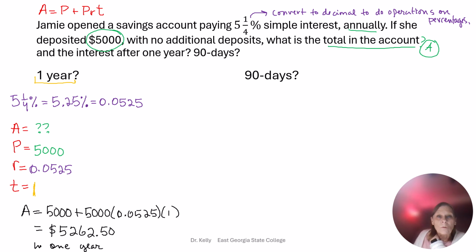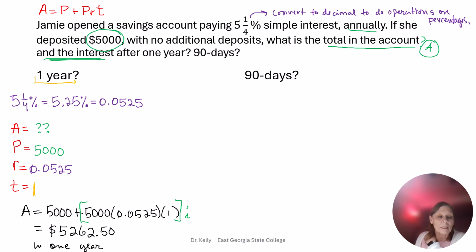Now, I think the question also asks us, what's the interest? And the interest is this piece right here. This piece is the interest. And there's two ways you could figure it out. You can actually do the math there, or we could find the interest using this clever little equation.